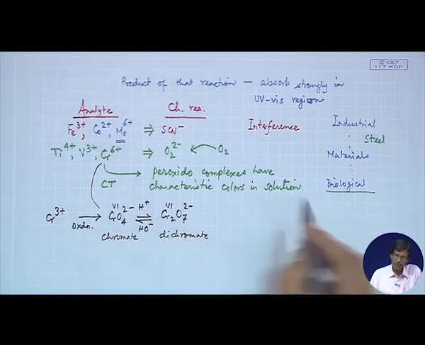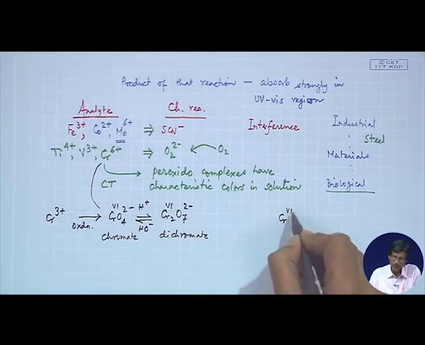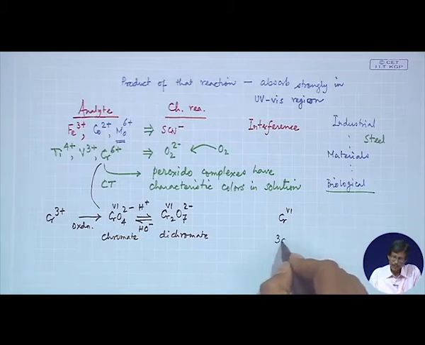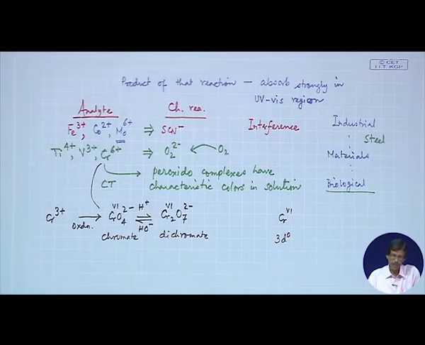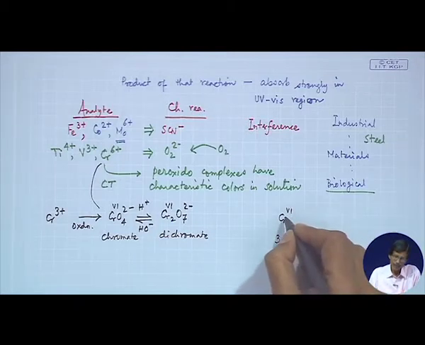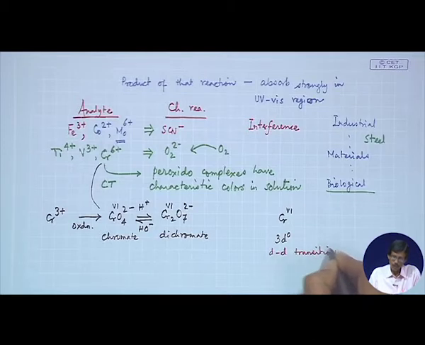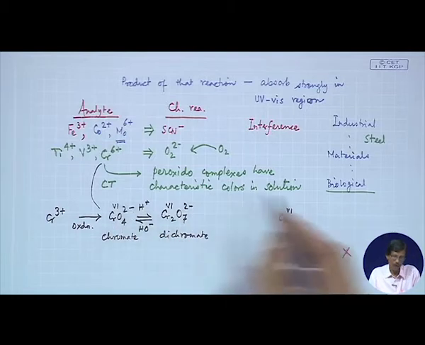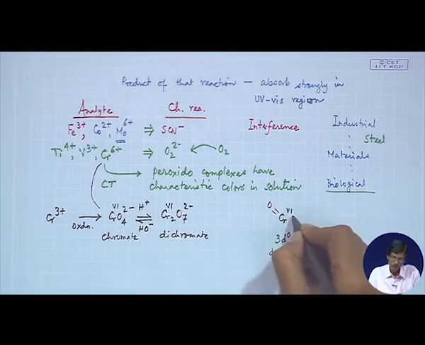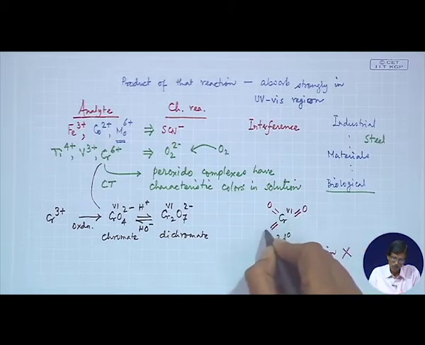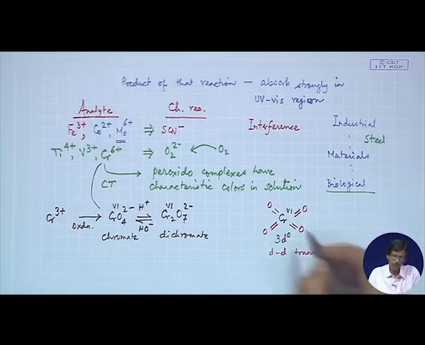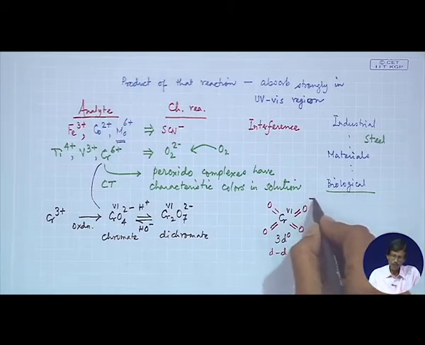So, in this chromate, chromium is in the hexavalent state, which is a 3d0 system. That means no unpaired electron is present for its corresponding d-d transition. So, you will not have any d-d transition for it, but instead this chromate ion, which is bound, for convention we can write double bonded or arrowhead, which is 2-.